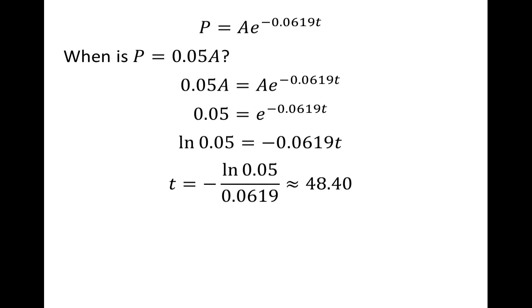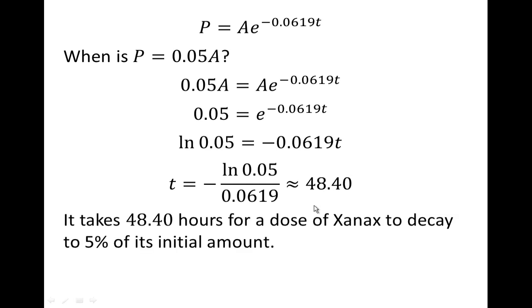We take half of 25, that's 12.5. Do it again, and we'll end up at somewhere in the 44.8 hours that have passed. Again, if you keep cutting in half, it makes sense that this is how long it would take. So about 48.4 hours to reduce to 5% of its original amount.